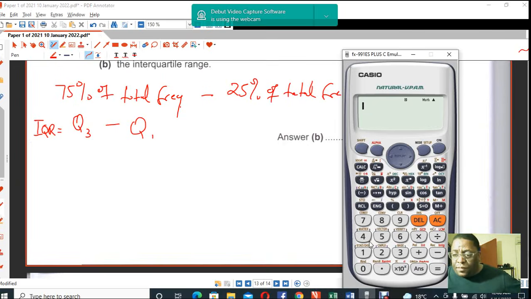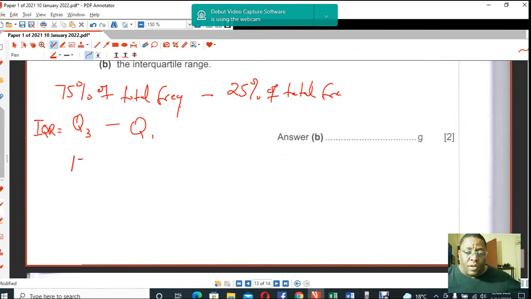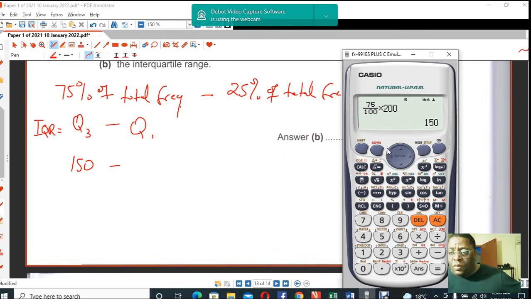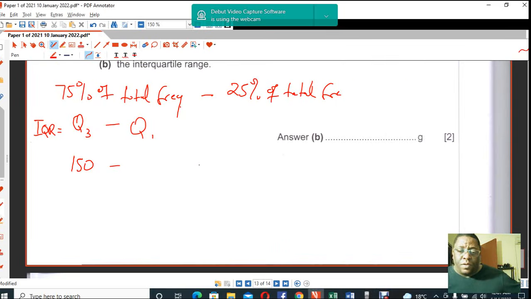So I'm going to have 75% of 200. 150. So that's 150. And 25% of 200. So I'm going to go back all the way. So 25% of 200. Well, that gives you 50.